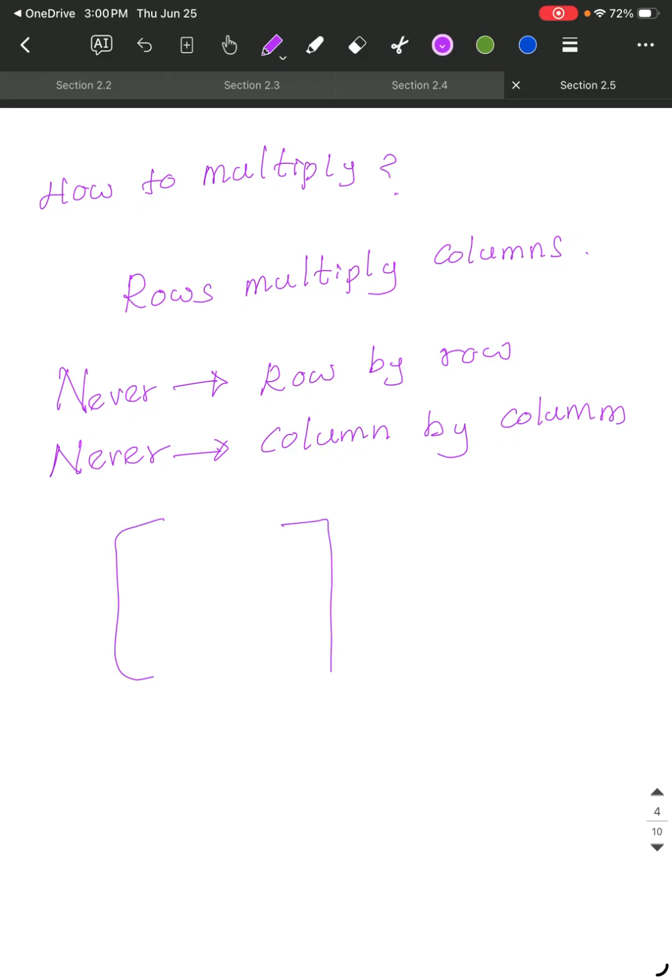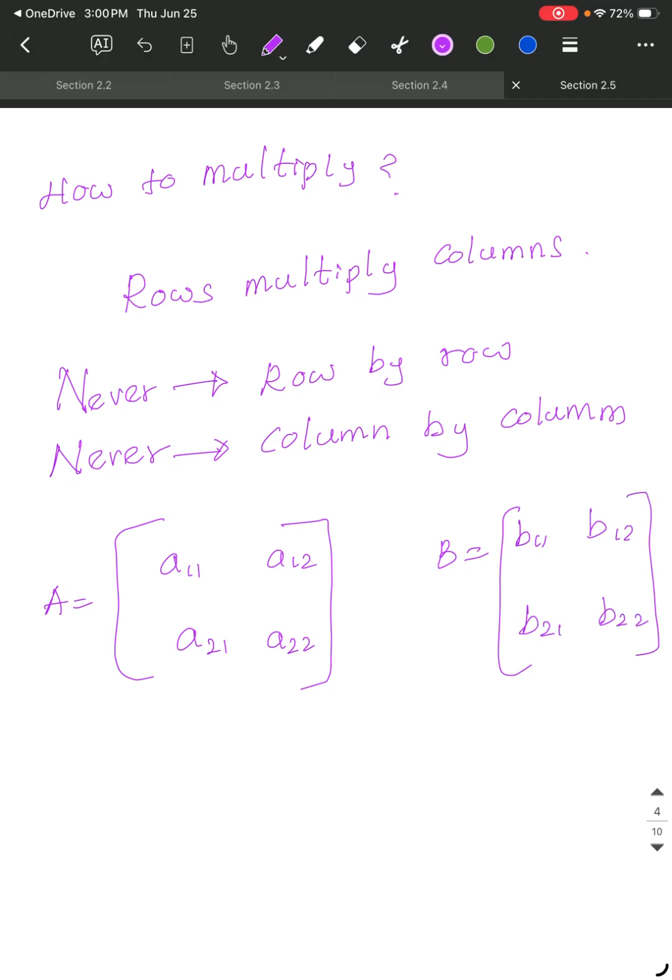Let's say here we have matrix A with entries A11, A12, A21, A22, and matrix B with entries B11, B12, B21, B22.